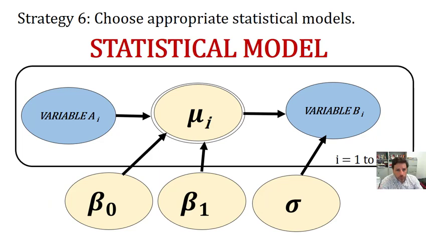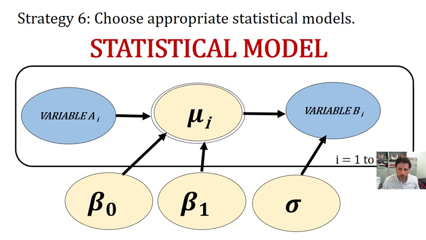The 6th strategy is to choose appropriate statistical models. And you may think, well, we already talked about the probabilistic causal model. So what's the difference between the causal model and the statistical model? Well, I like to emphasize this difference because in psychological research, we tend to emphasize the statistical model.